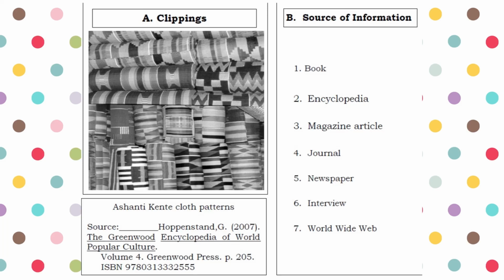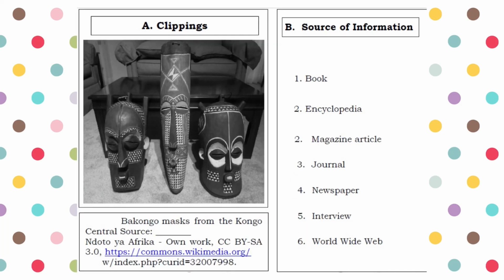Number 3. Ashanti Kente cloth patterns. Source: Openstand G. The Greenwood Encyclopedia of World Popular Culture. Volume 4, Greenwood Press, page 205, ISBN 9780313332555. Number 4. The Congo Mask from the Congo Central. Source: Endodo Ya Africa.